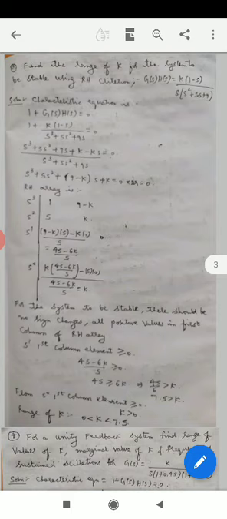If you simplify this, 5 into 0 is 0 in the numerator. In the numerator and denominator we have the same term, (45 minus 6K) divided by 5, so it gets cancelled, and we are left with only K.